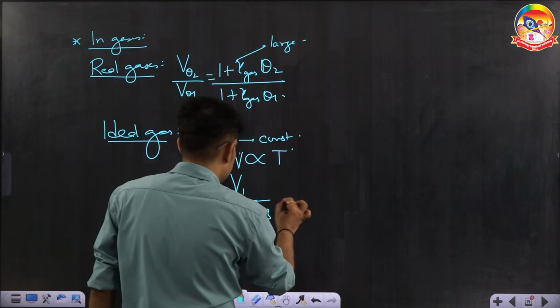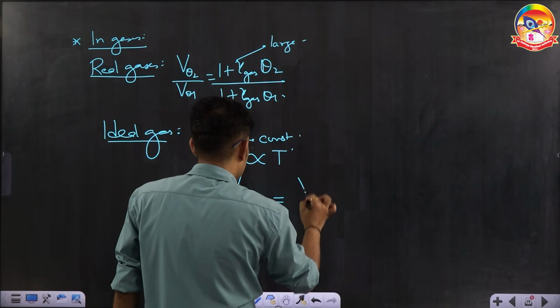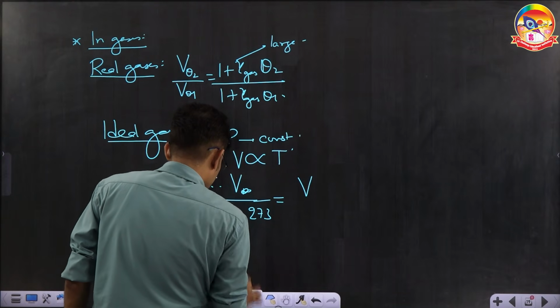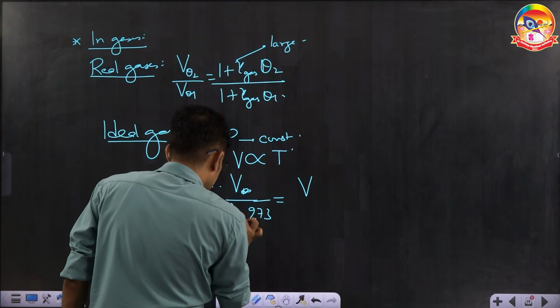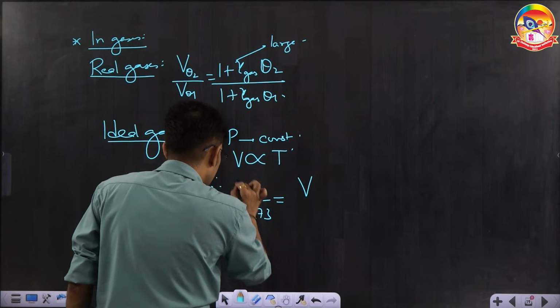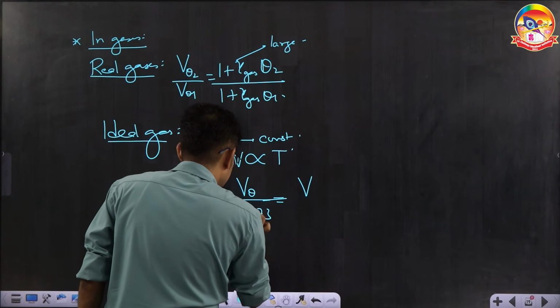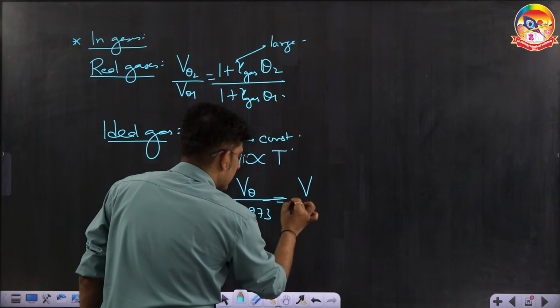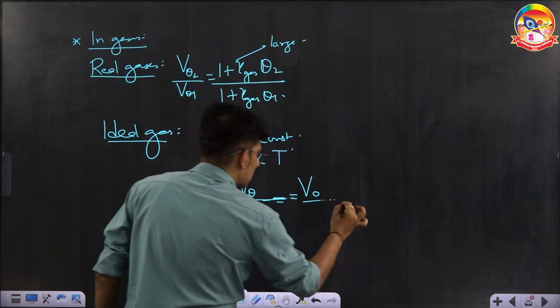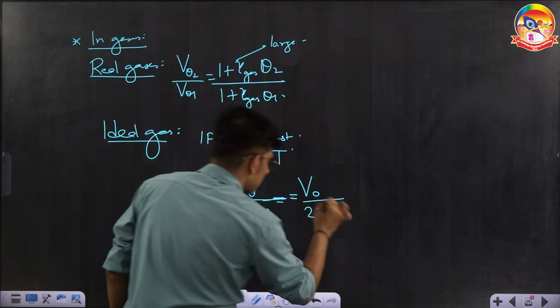V1 by theta 1 plus 273 is equals to, suppose you are taking theta 1 as theta, so it would be better to write V theta by theta plus 273, and suppose I take another temperature as 0 degree Celsius, so V0 by 0 degree Celsius means by 273.